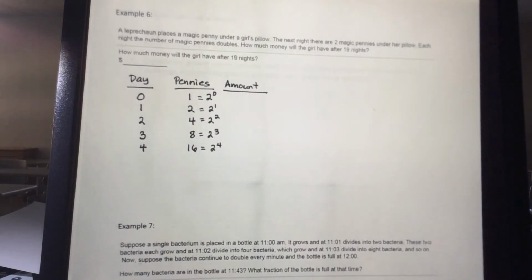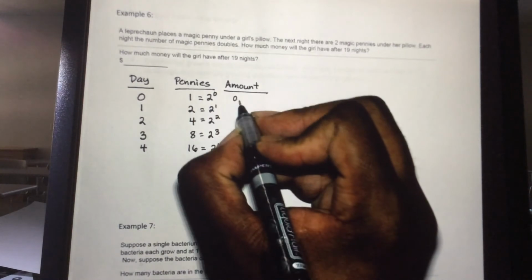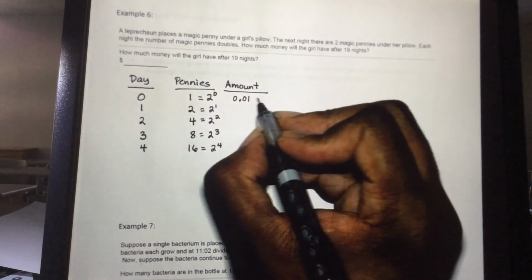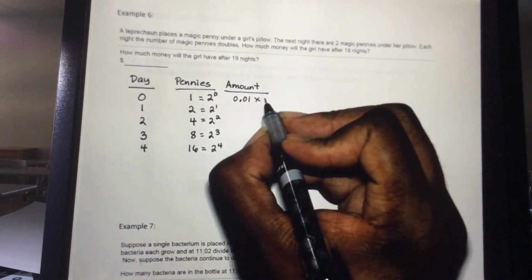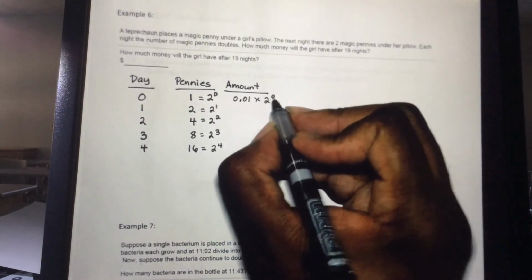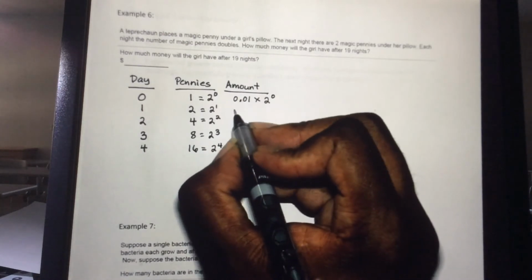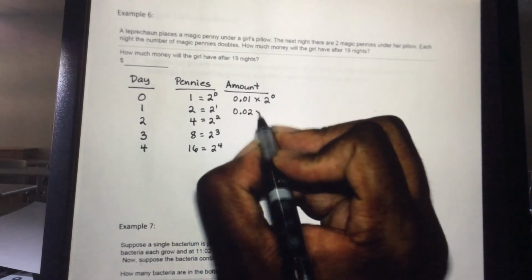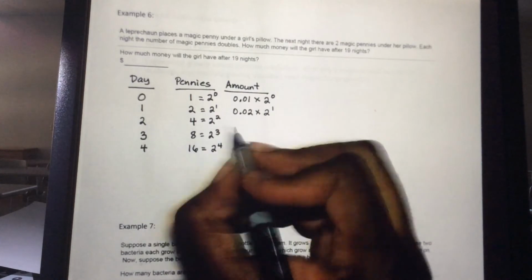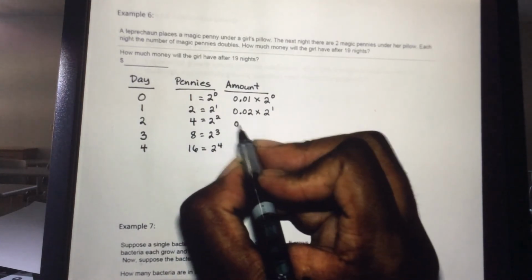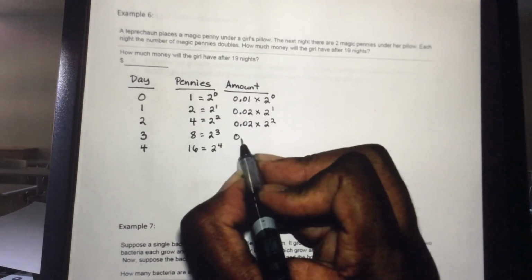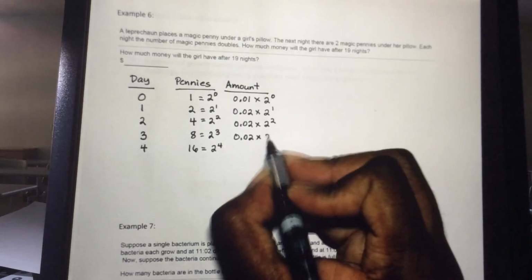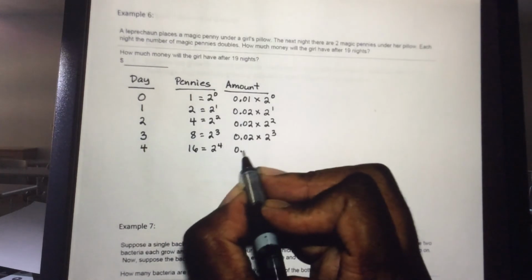Okay, now, the value of a penny is 1 cent, which is, of course, 0.01. And that's going to be multiplied by the number of pennies she has. So it'll be 0.01 times 2 to the 0, and then 0.02 times 2 to the 1, and then day 2 be 0.2 times 2 squared, and pretty much I'll fill in the rest.